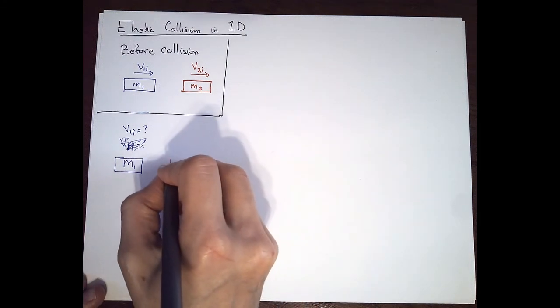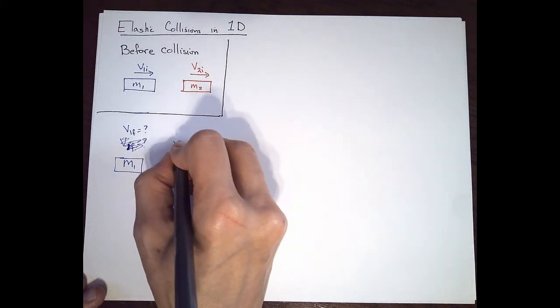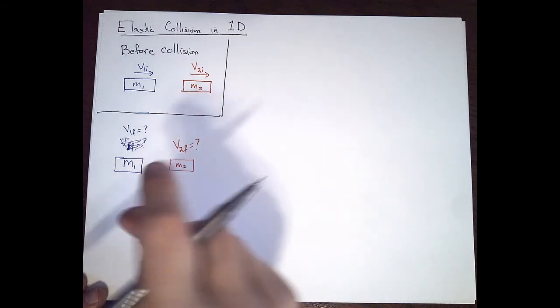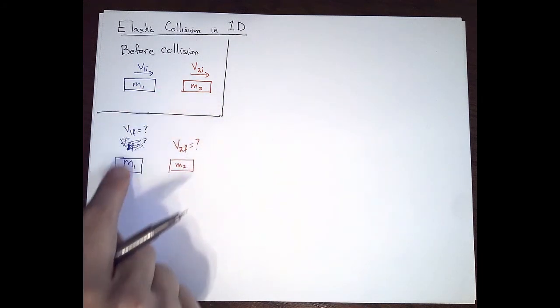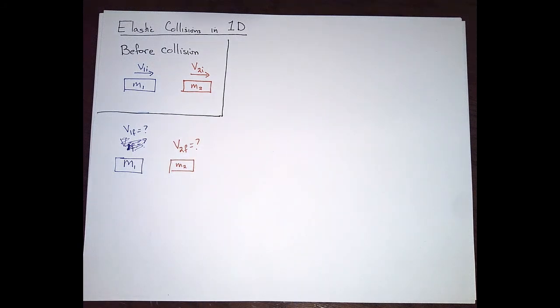And then for the red cart, m2, we'll call that v2f, and we don't know what that is. Maybe we're able to measure the initial velocities and we know the masses, but we don't know the final velocities. How would you go ahead and solve this?